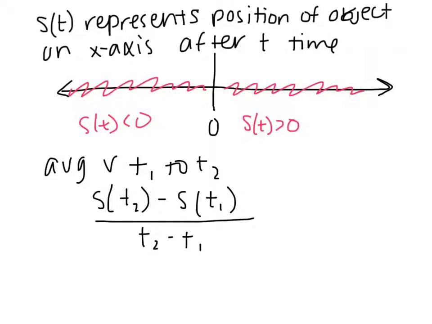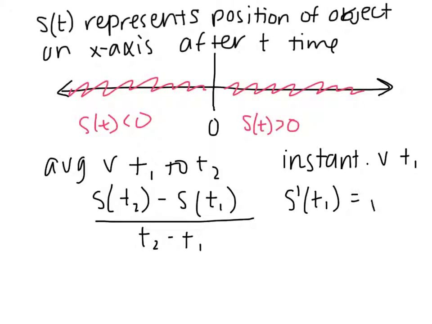And then if you're looking at instantaneous velocity at a specific point in time, say time 1, then you would use the first derivative at time 1 to find that value, which would be the same thing as velocity at time 1.